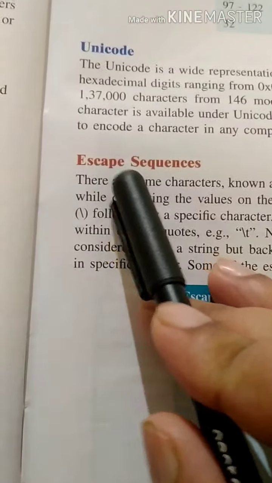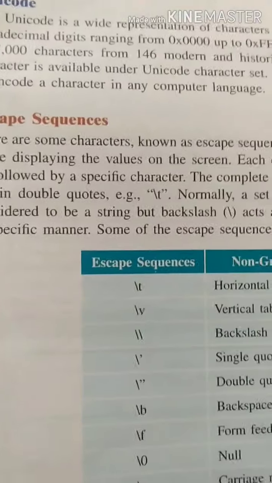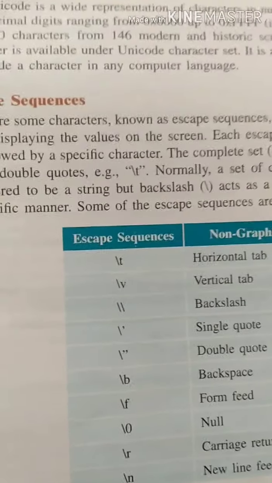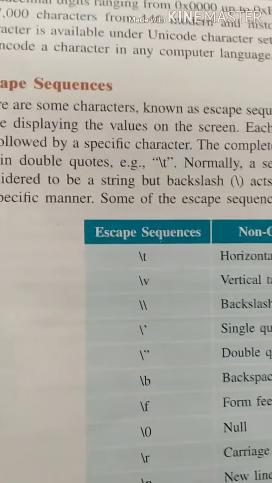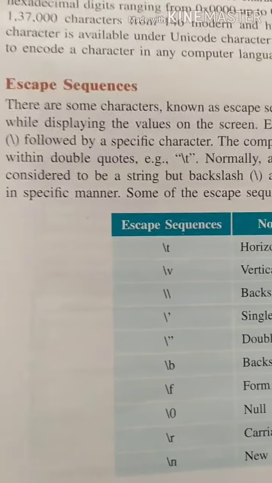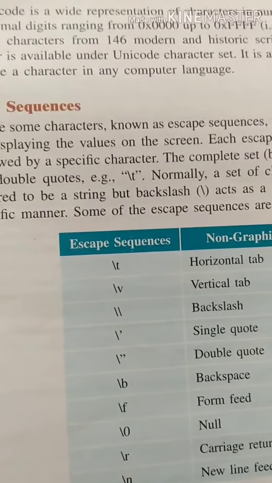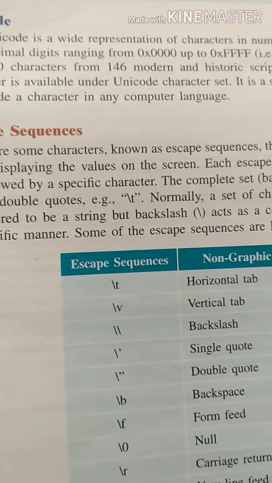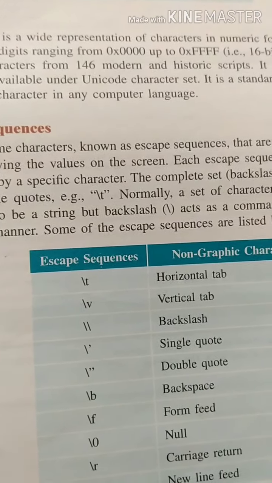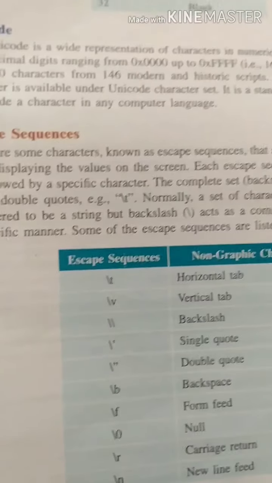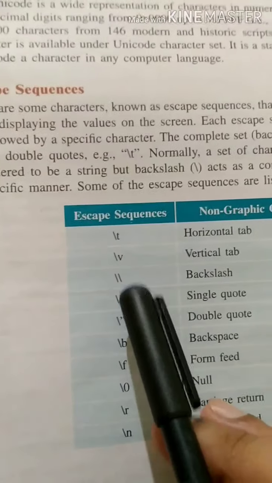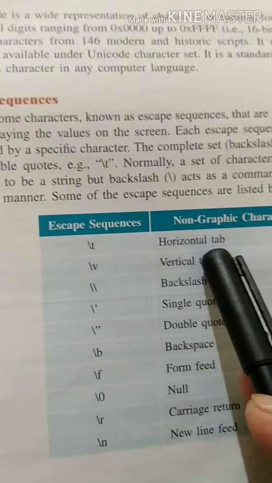Escape sequence, do you understand this? In a simple way, we use escape sequences in the output screen, when we break a line or give space in the output. \t is a horizontal tab.